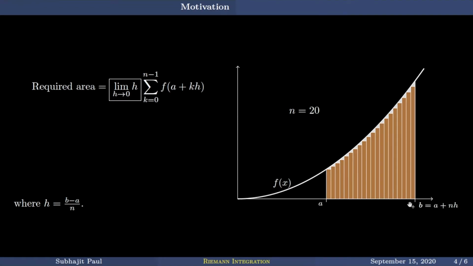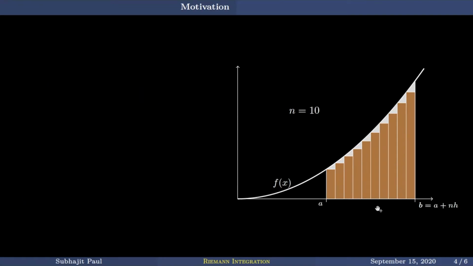So let us do it with n equal to 5, and in this case it will be easier to understand. It will be easier to get the numbers correctly. So this is A and this is my B. So I have subdivided this into 5 subintervals: 1, 2, 3, 4, 5. Okay, n equal to 5 here.